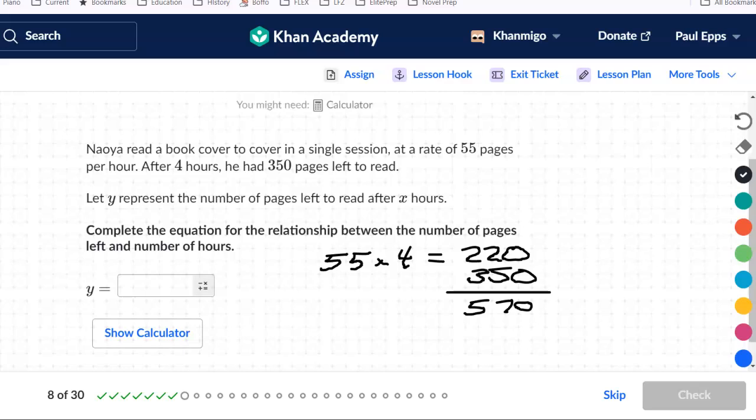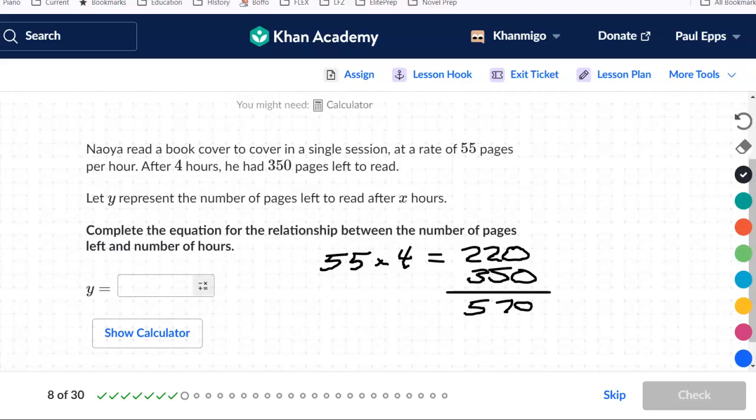So now again, I don't know if I can write here and enter an answer. But the answer is going to be 570 minus 55x.